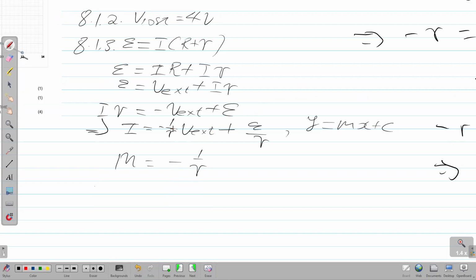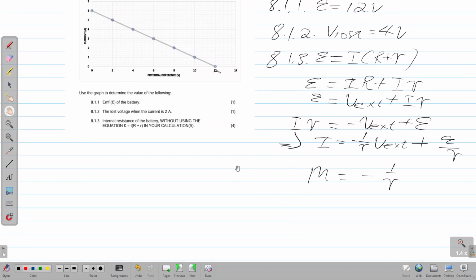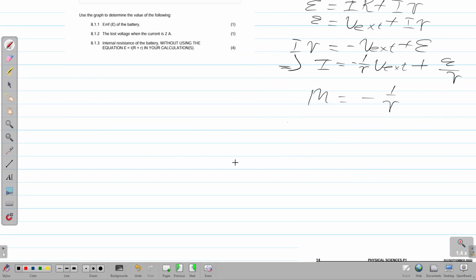Okay, so then since now I know it is in this form, I can go ahead and calculate the gradient, and it should be trivial. I won't look at any other points other than the ones on the axis. So how I proceed is I'll use 6 and 12. So my gradient, changing the variable in the y-axis, which is I, divided by change the variable in the x-axis, which is v.